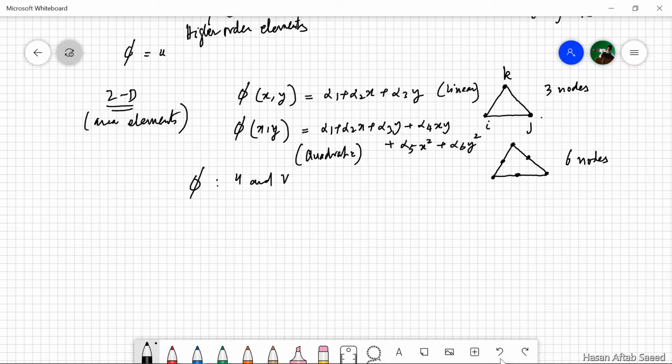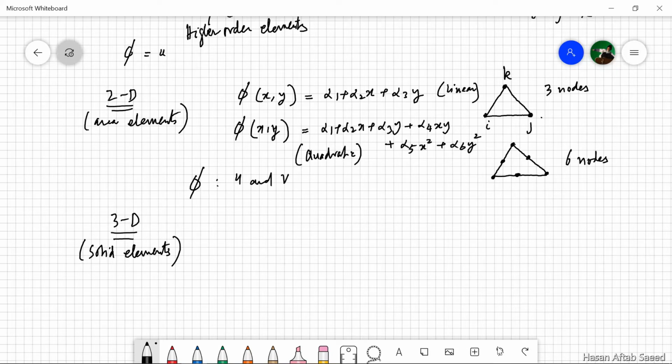Now when it comes to 3D, we are required to discretize volume, so we need solid elements to do the job, but the rest is similar.